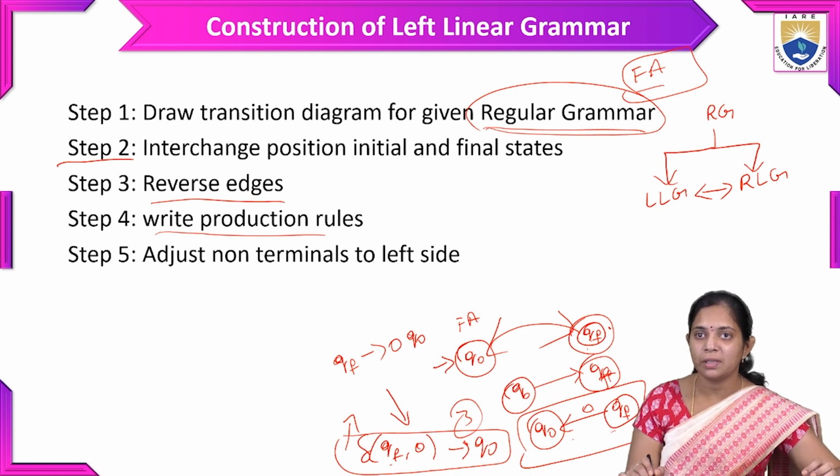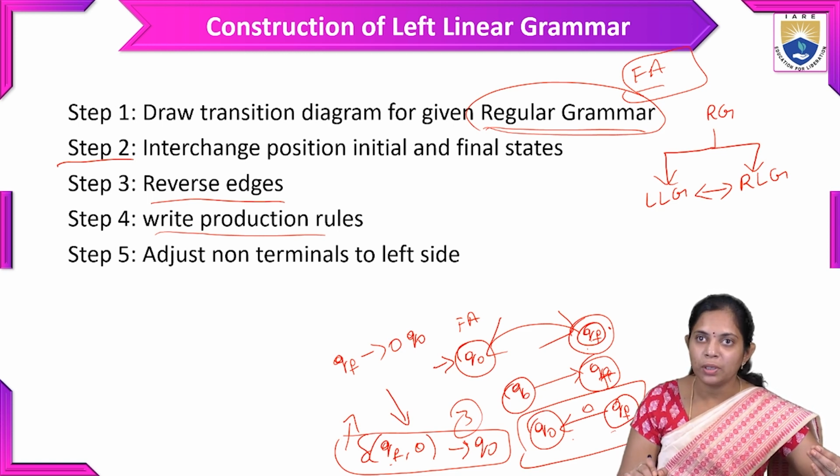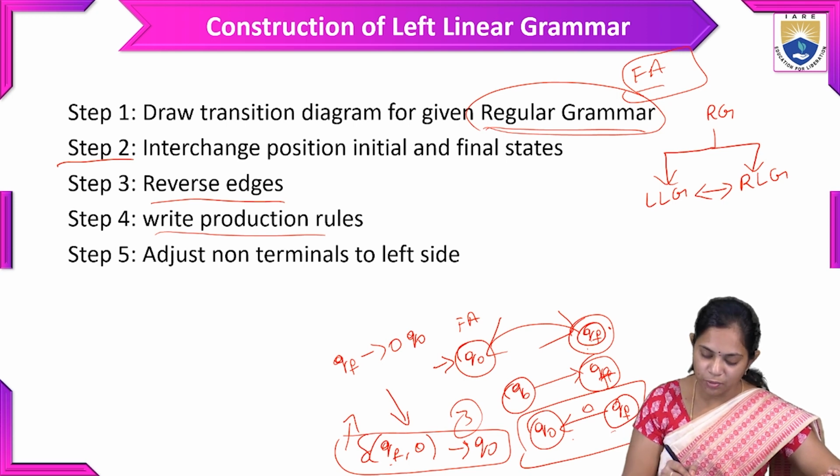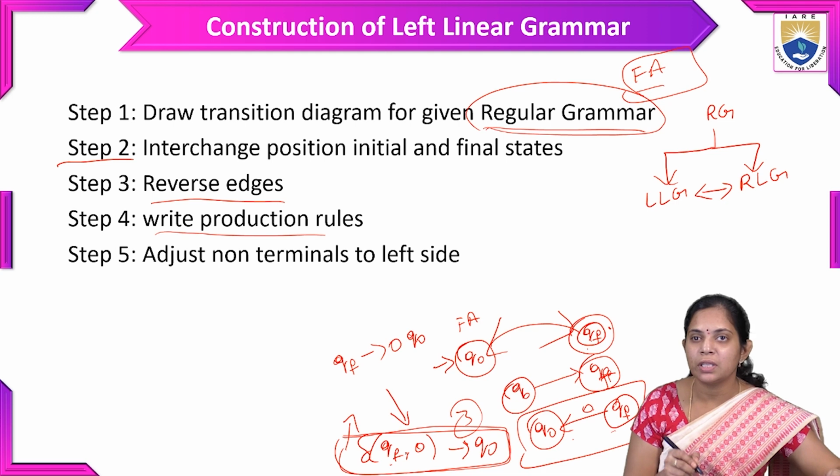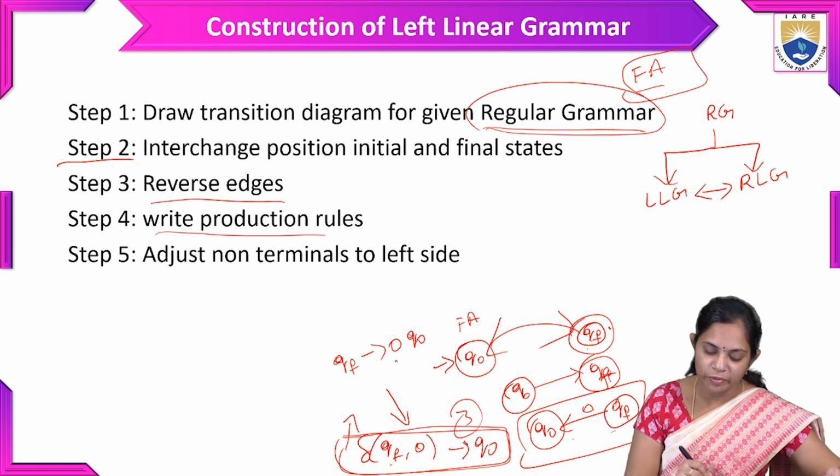There are two cases. In case of only a terminal symbol, in the transition diagram, when for the given input it is reaching the final state, we have to write two productions. Suppose it is a final state, here QF tends to 0.